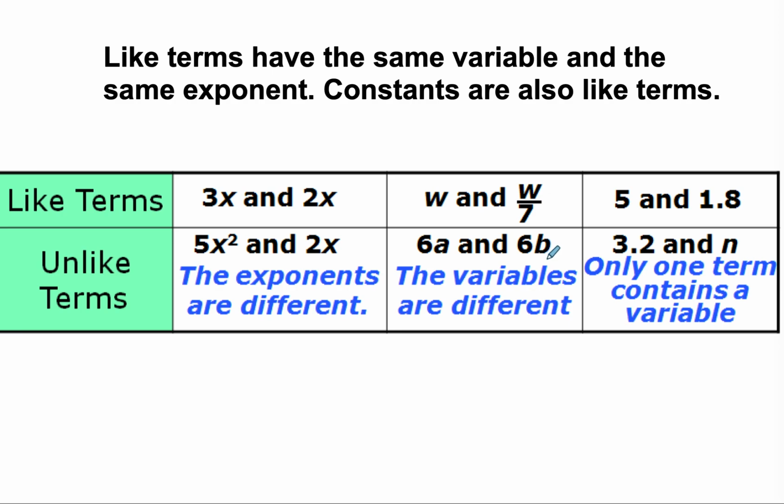The variable has to be the same and the exponent for like terms. And then on our last column here, 5 and 1 and 8/10, those are like terms. They're both constants. They are just numbers by themselves without a variable. And 3 and 2/10 and n are not like terms because 1 is a constant and 1 is a variable. Like terms, you have to have the same variable and the same exponent.